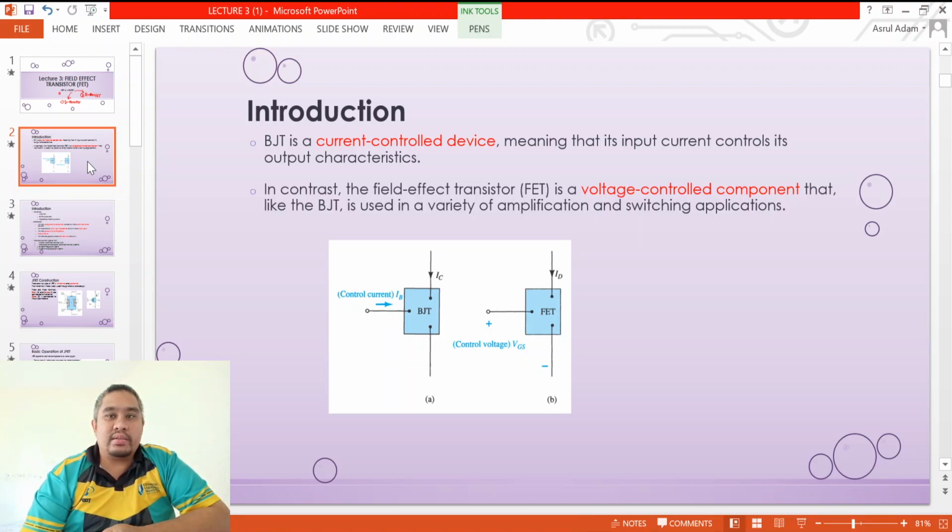What is a JFET? As you can see, this is the difference between BJT and FET.